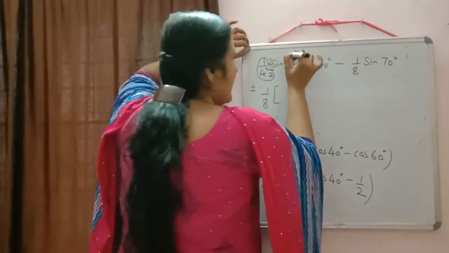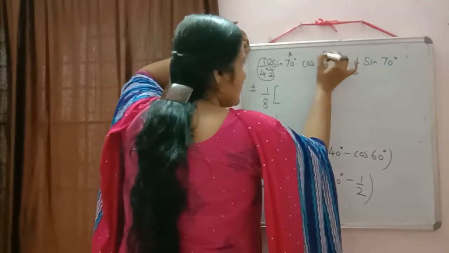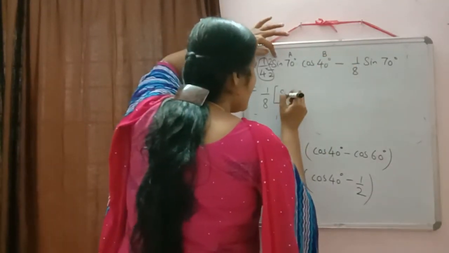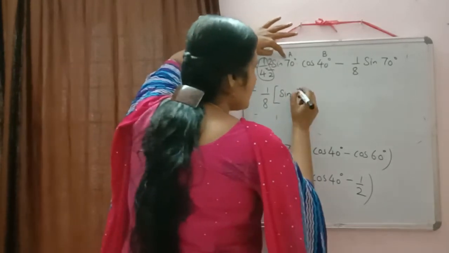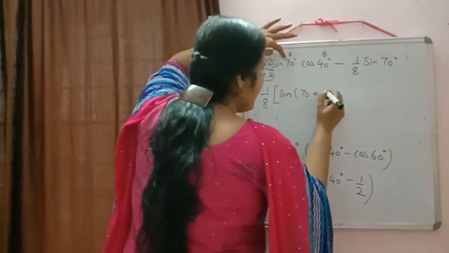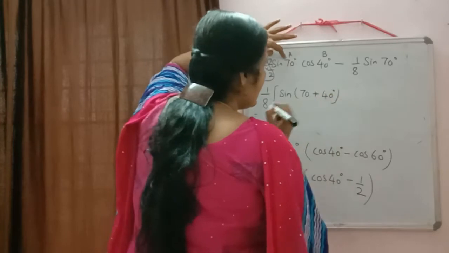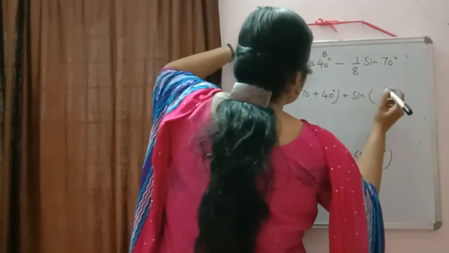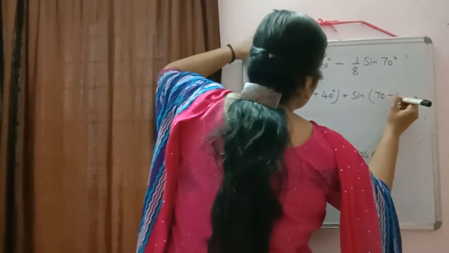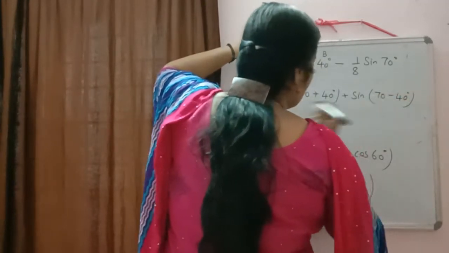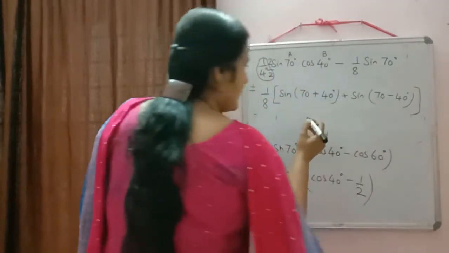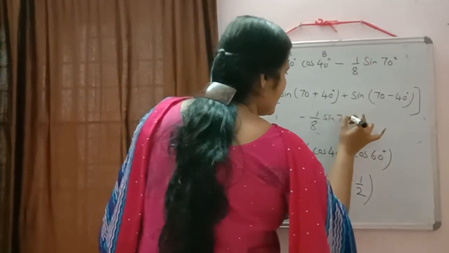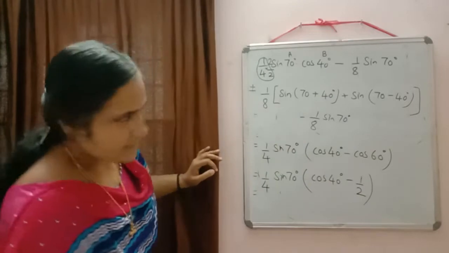In place of A we have 70 degree. In place of B we have 40 degree. So this is equal to sine A plus B. So that will be equal to sine 70 plus 40 degree plus sine A minus B. So sine 70 degree minus sine 40 degree, this one. And that second term, minus 1 by 8 sine 70 degree will remain as it is there.